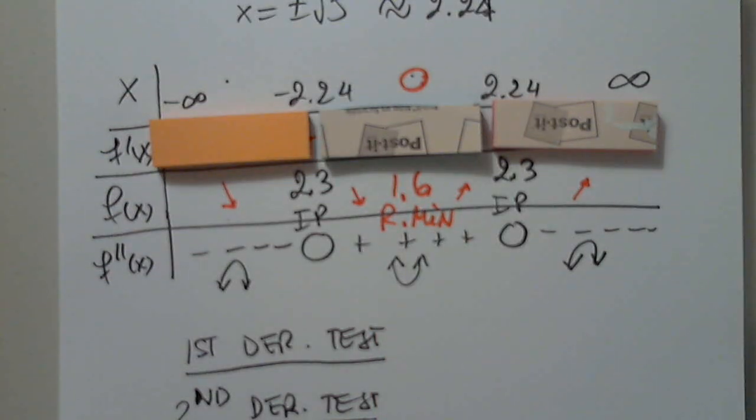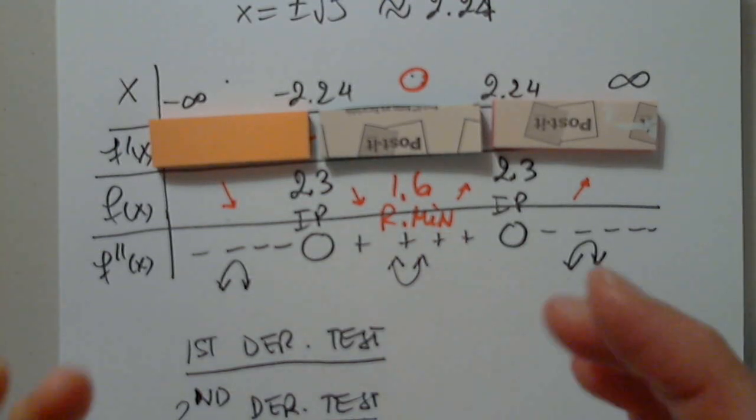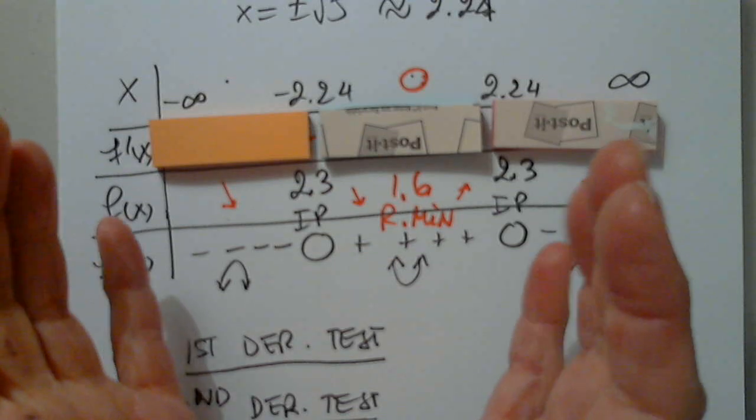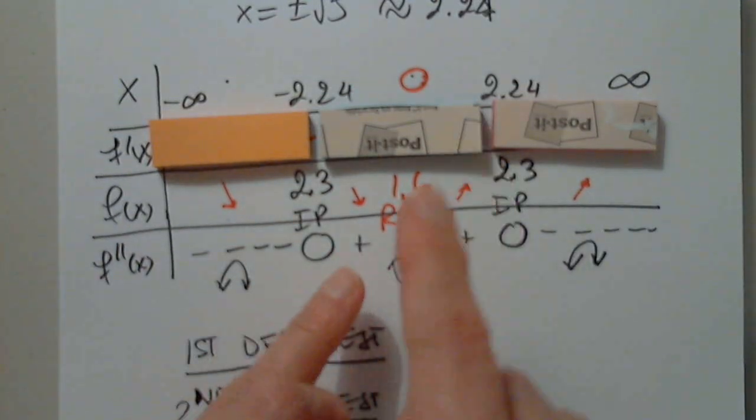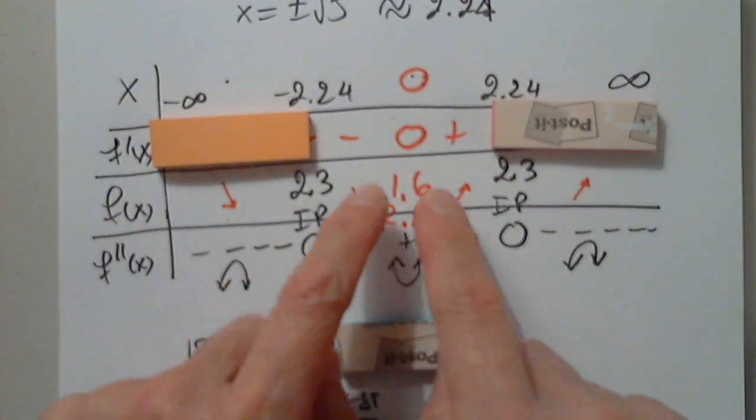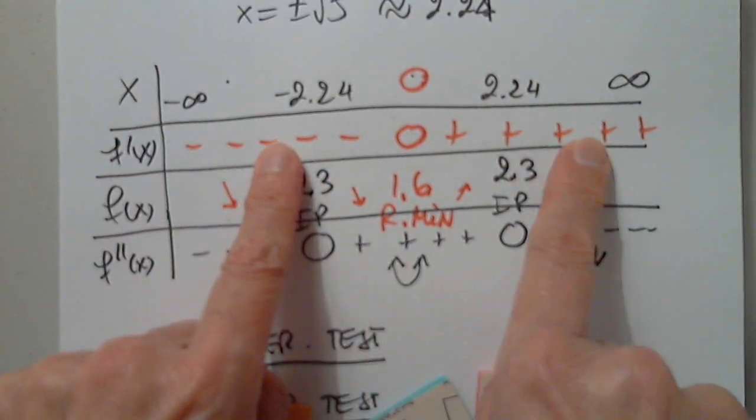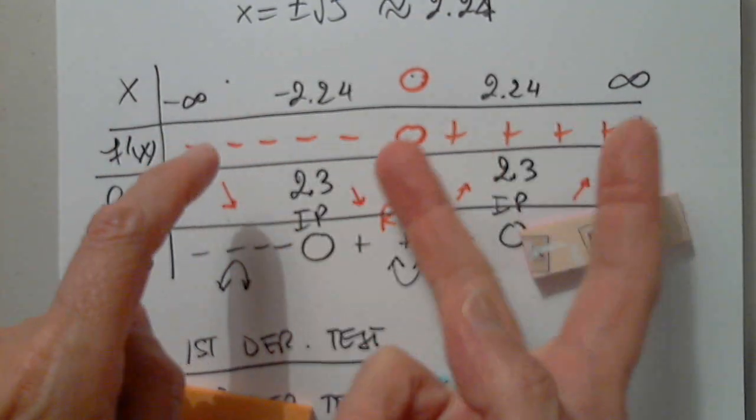What type of point can this be if the second derivative is positive here? What kind of point can it be if it opens like this? A minimum. Yes, and if it's a minimum, obviously the sign has to be negative and positive. It cannot be the other way around.